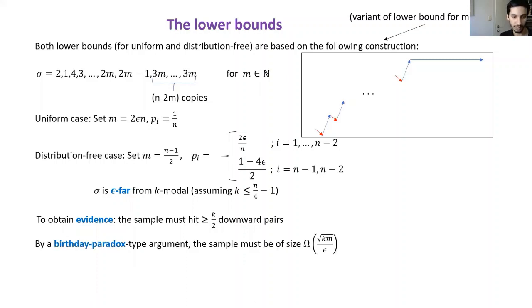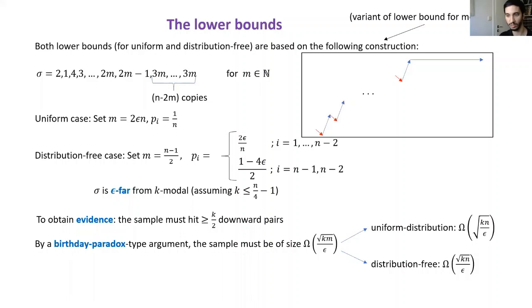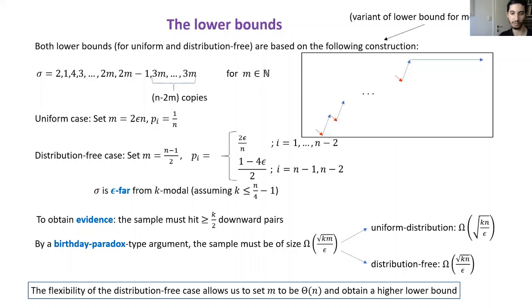And by a birthday paradox type argument, we get that the sample must be of size omega of 1 over epsilon square root of km. For the uniform distribution, we get a lower bound of square root of kn over epsilon. And for the distribution-free model, we get a lower bound of 1 over epsilon times square root of kn. The flexibility of the distribution-free case allows us to set m to be of the order of magnitude of n, and thus obtain a higher lower bound.